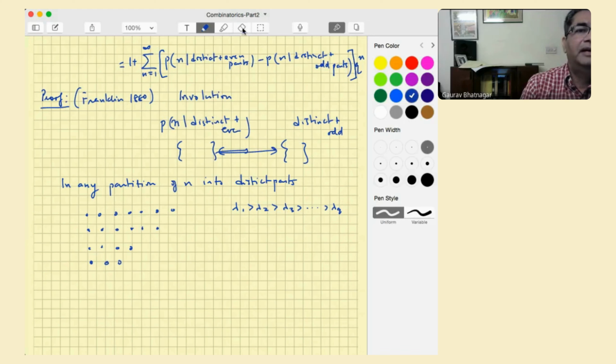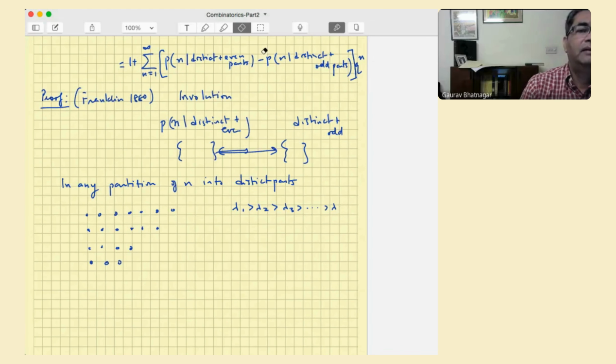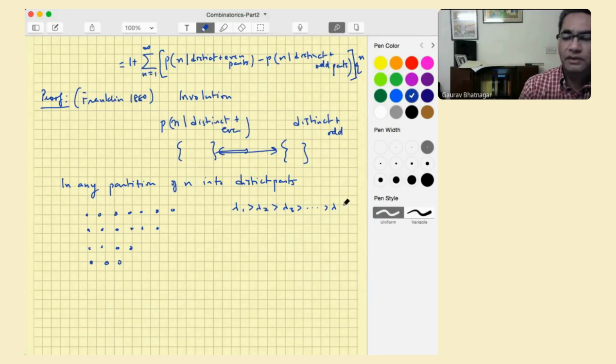Well, q is a bad idea. Lambda k bigger than 0. So these parts are distinct. You look at this guy. This is lambda k, the smallest part. So let the smallest part be r.